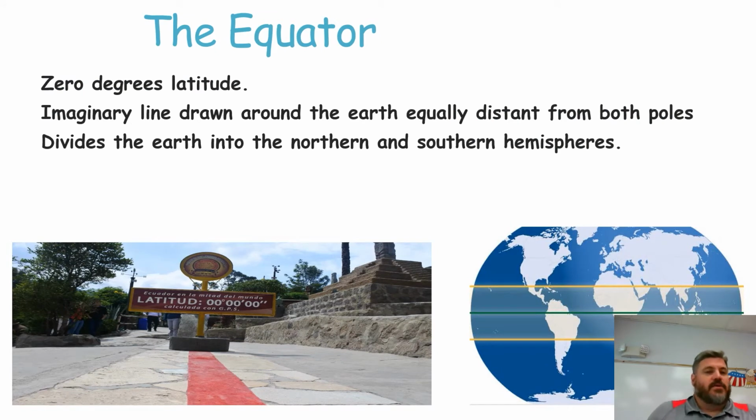The equator is always 0 degrees latitude, and it runs across the center of the Earth, and it divides us into northern and southern hemispheres. Between the Tropic of Cancer and Tropic of Capricorn, we have our tropical zone. Within the U.S., you can see Florida's just slightly outside of that. Maybe the very southern tip of Florida falls within that tropical zone.